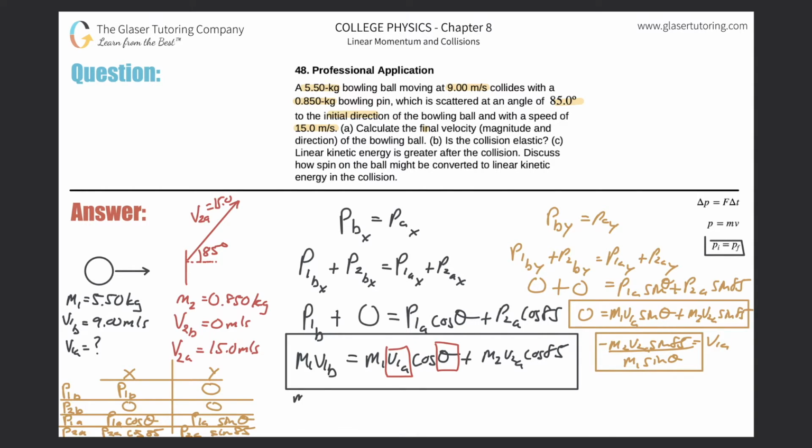So now we have m1 v1b will be equal to m1 multiplied now by brackets negative m2 v2a sine of 85, all over m1 sine of theta, okay, times then cosine of theta, okay, plus this term, right? Plus m2 v2a cosine of 85.